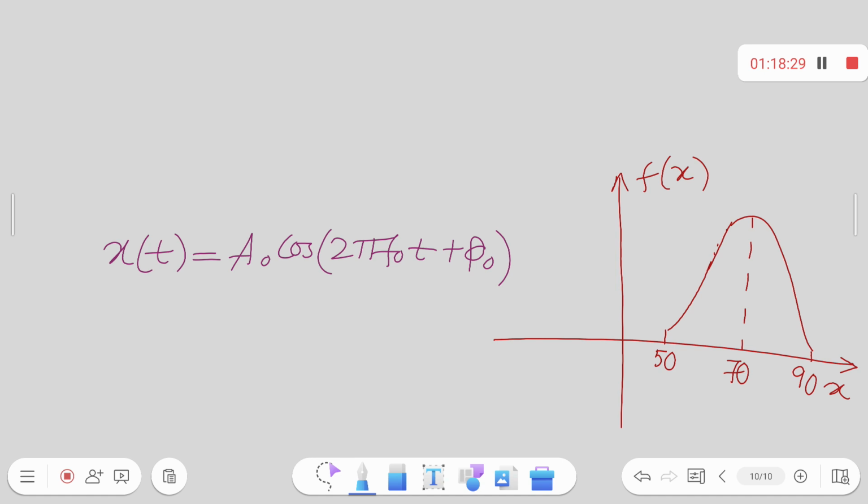Any doubt about understanding this random signal and the deterministic signal? Anybody having any doubt? No doubt. So hopefully you have covered the different types of signals, the different classifications.